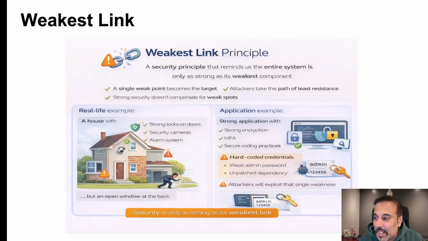Applications have strong encryption, MFA, secure coding practices, whatever, but then a weak admin password or an unpatched dependency. It's kind of a real problem for legacy applications. Over the years, I worked in different industries, and I see this as a big problem.